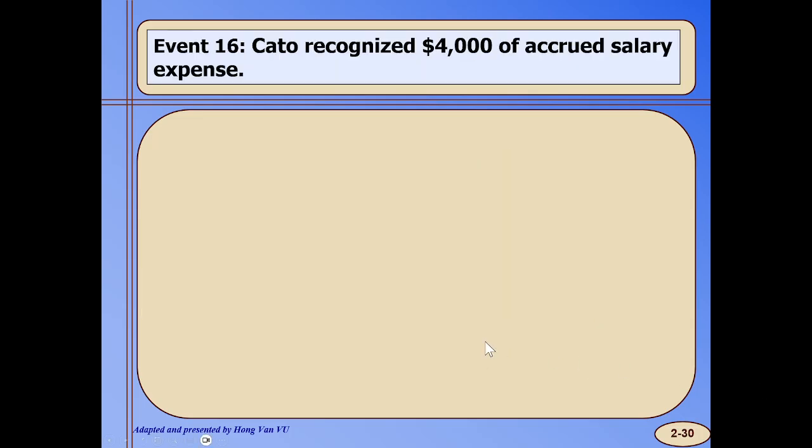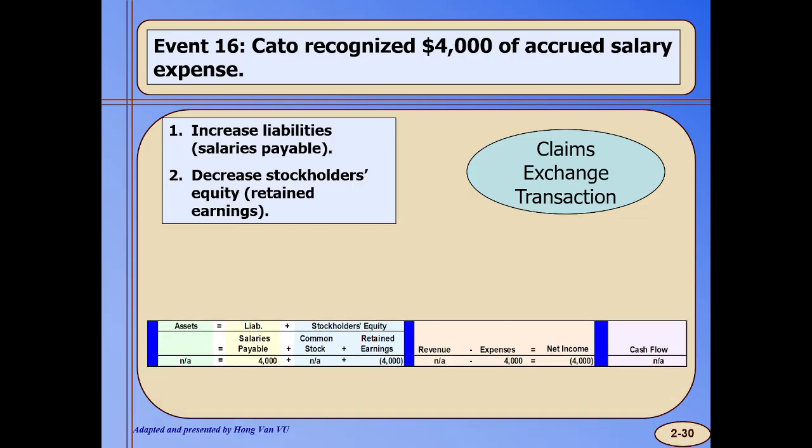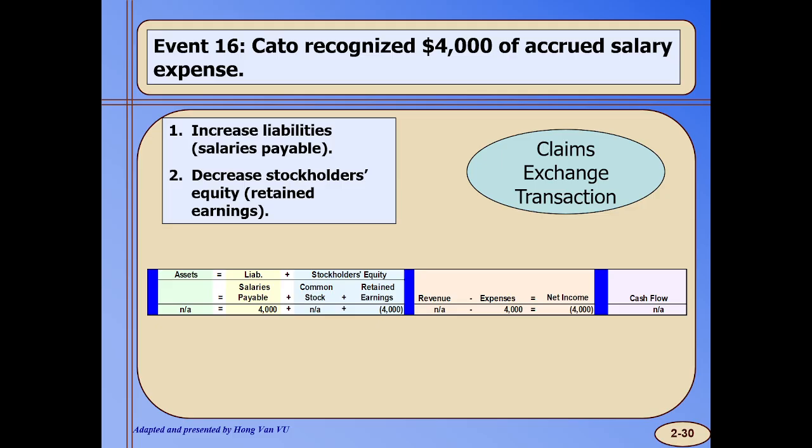So now look at transaction number 16. The company recognized 4,000 of accrued salary expense. Accrual accounting requires the company to recognize expenses when they are incurred, regardless of when they are paid. Cato must recognize the salary expense in the year that the instructor performs the work, even though the payment will not be made until 2015.